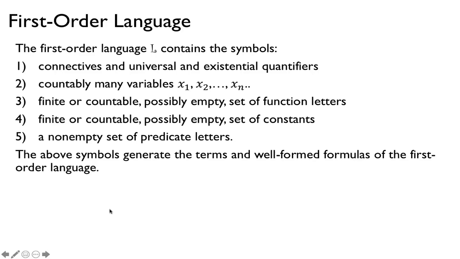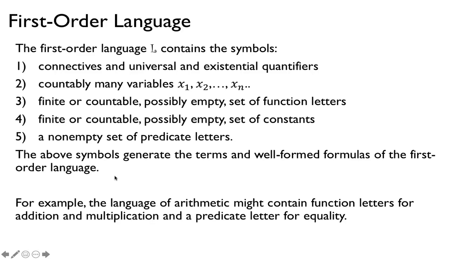Yeah, and so these generate terms and well-formed formulas that we saw earlier, and all this is called the first order language. For example, arithmetic is an example of a first order language. What are the functions? The functions are things like addition and multiplication. Those are binary or two-place functions. And then what are the variables? Well, we use x, y, z for variables.